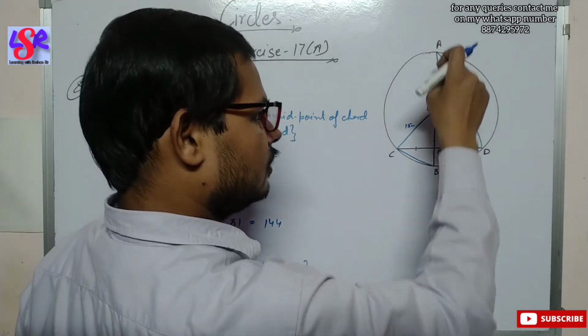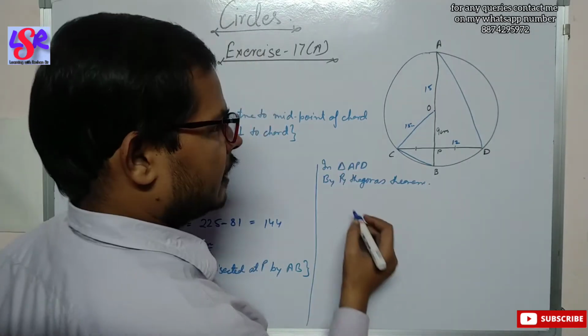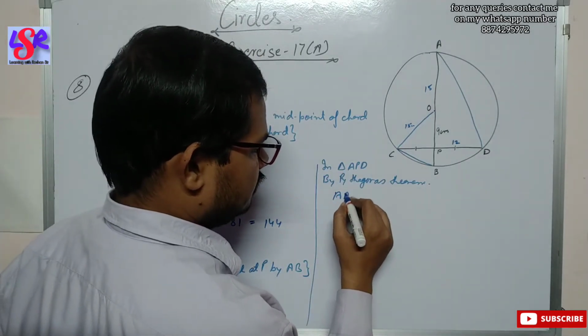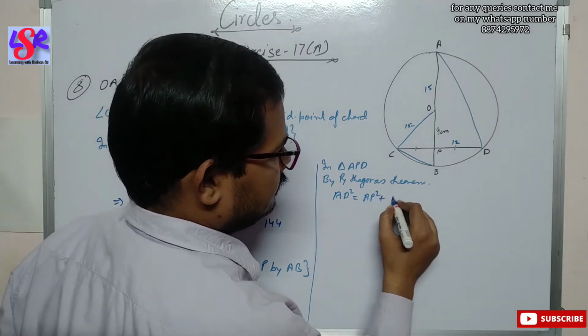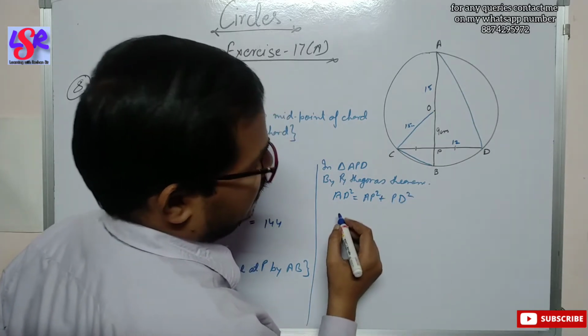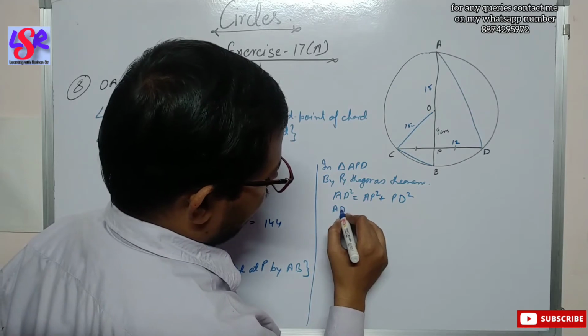So in triangle APD, by Pythagoras theorem, AD square equals AP square plus PD square. AD we have to calculate.